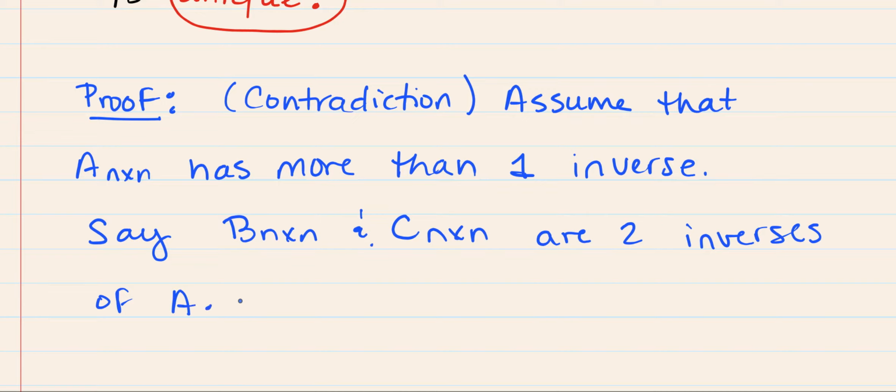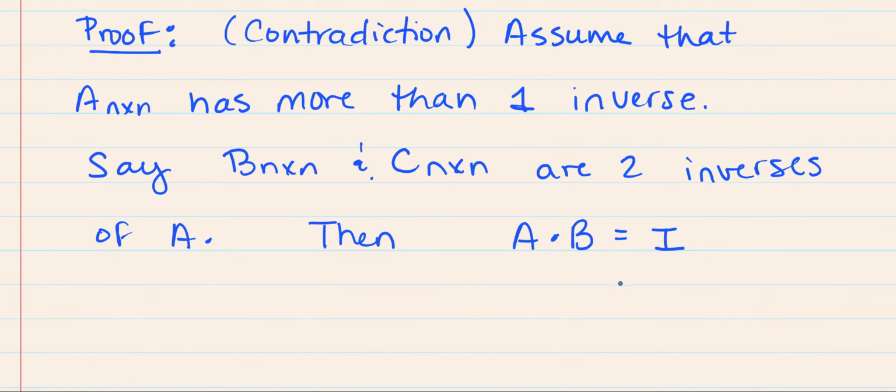Let's call them B and C. So if that's true, then A times B is equal to the identity. But since A times B is equal to the identity, we can multiply A times B by C. And that's going to be equal to C times the identity, right? If A times B is the identity, if I multiply this side by C, it's the same thing as multiplying this side by C because they're equal.